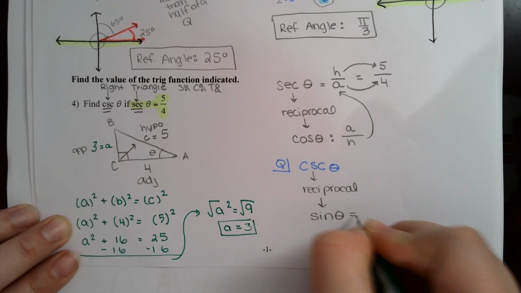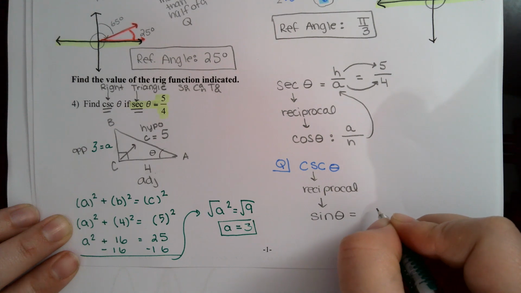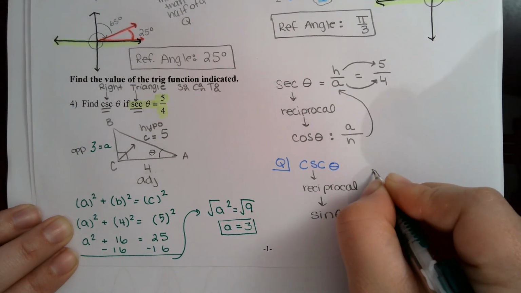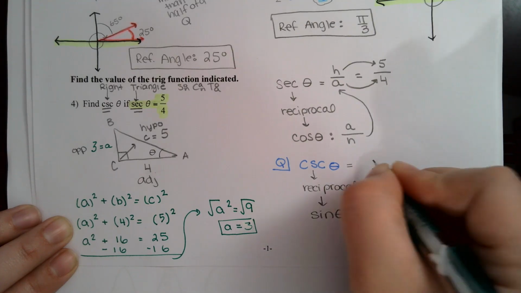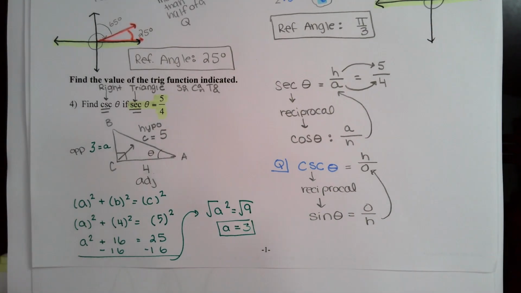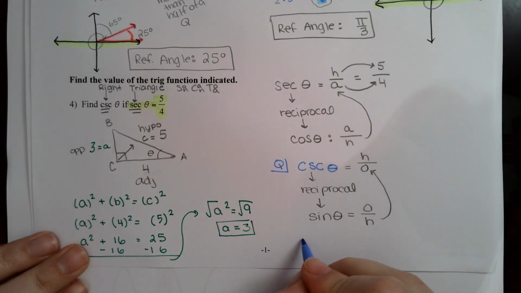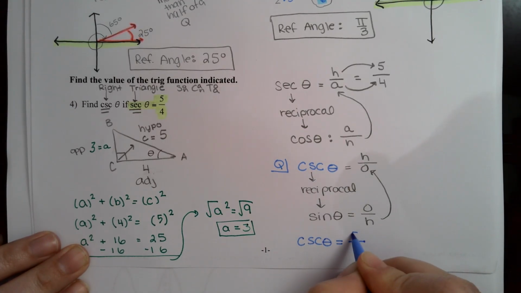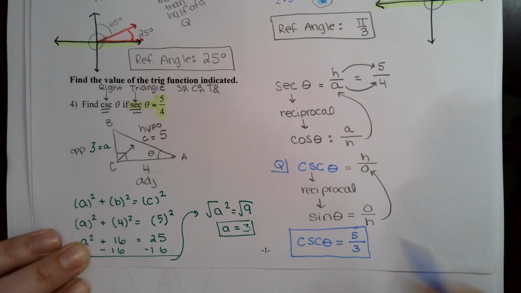And if we again take a look at SOHCAHTOA, so opposite over hypotenuse is sine of theta. So when we go back to cosecant, we're talking about hypotenuse over opposite. So that means for our final answer, make sure it's simplified if possible. Our hypotenuse is 5, our opposite is 3. This here is our answer.